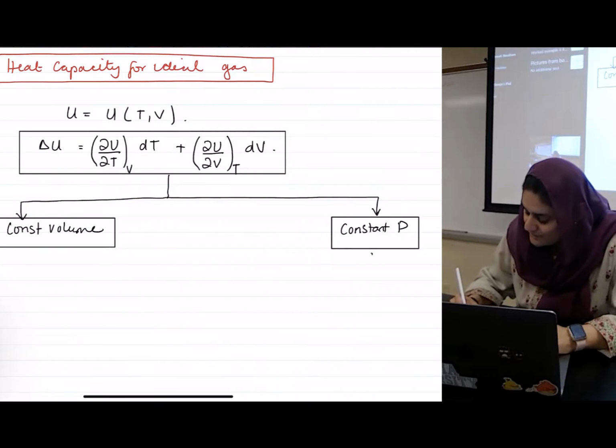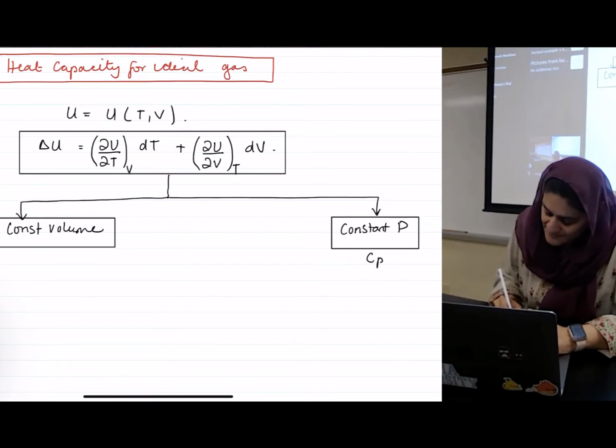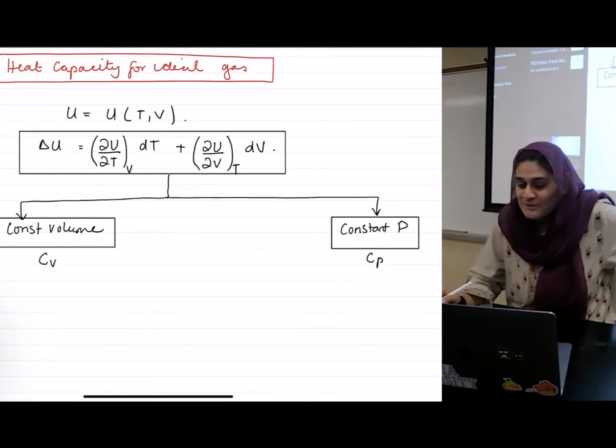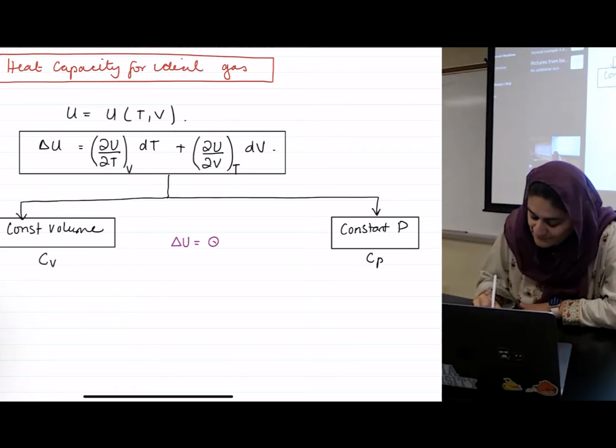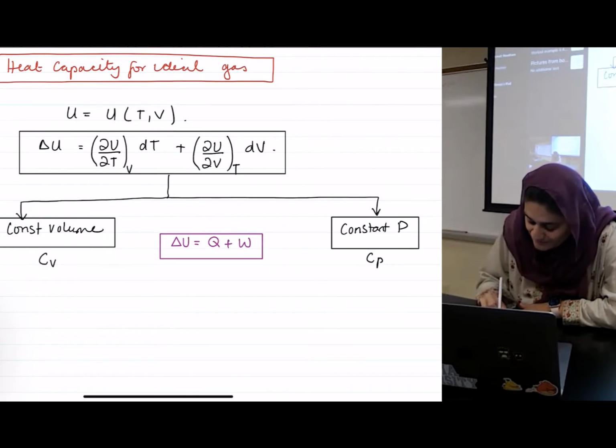This is going to be called CP, and this is going to be called CV. So what was our first law again? Delta U equals Q plus W. Okay, so we're going to start here again.